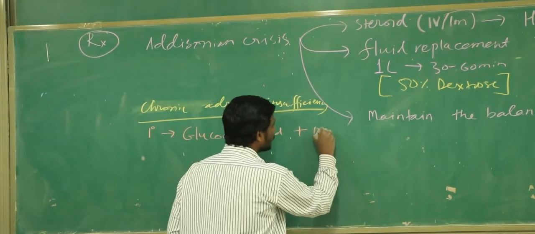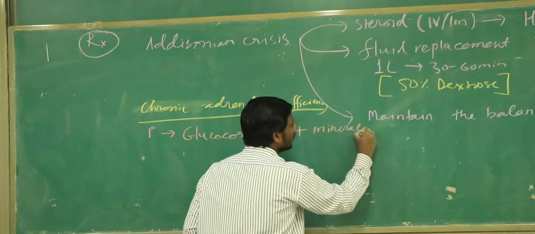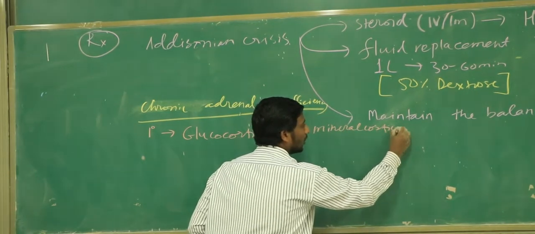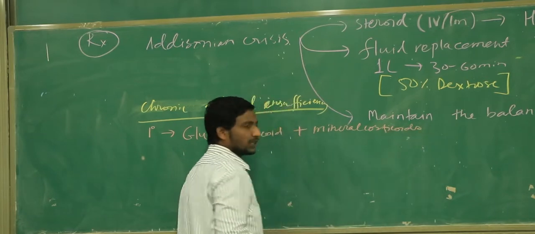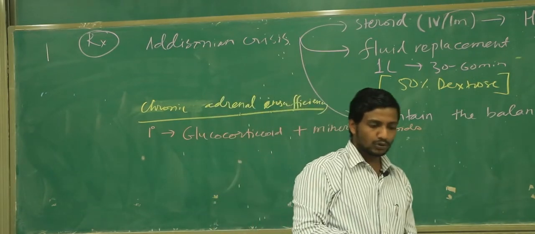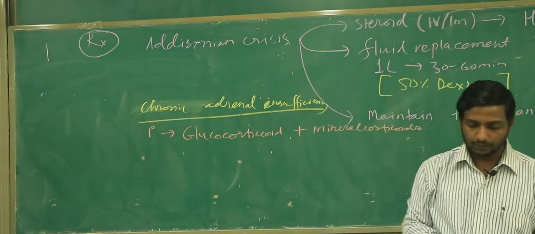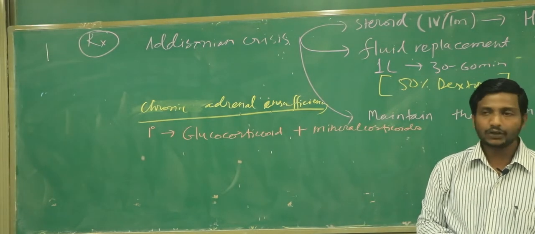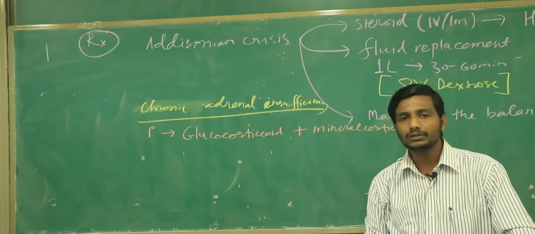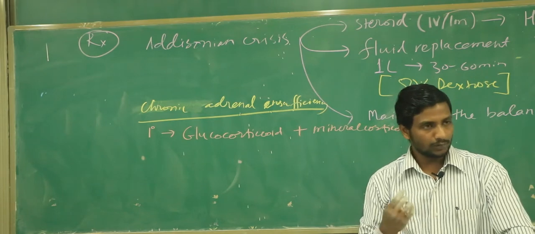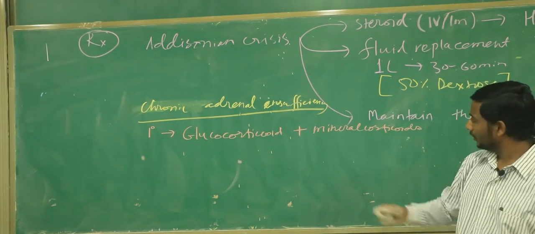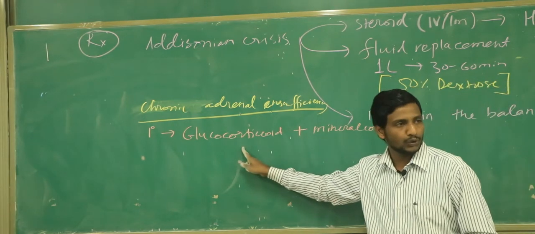But we also need to add what? Mineralocorticoids. We must also give the mineralocorticoids to them. So glucocorticoid is mandatory, but the mineralocorticoid also is required to be given. Can you give me one example of a mineralocorticoid? The glucocorticoid, you know, is hydrocortisone, right?